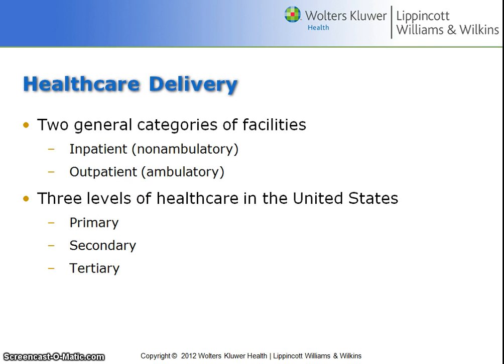So the next few slides are going to discuss types of healthcare, inpatient and outpatient. Inpatient generally refers to hospitals or nursing homes where the patients are actually based in those facilities.